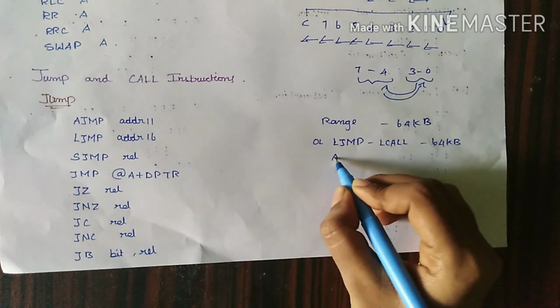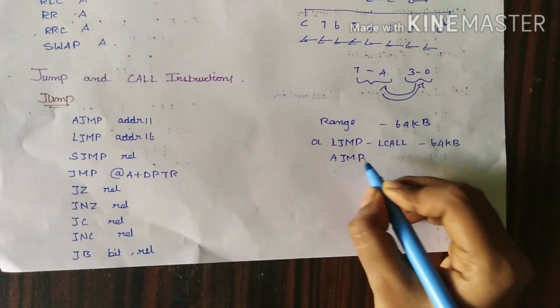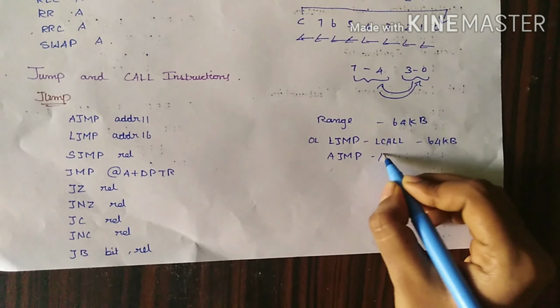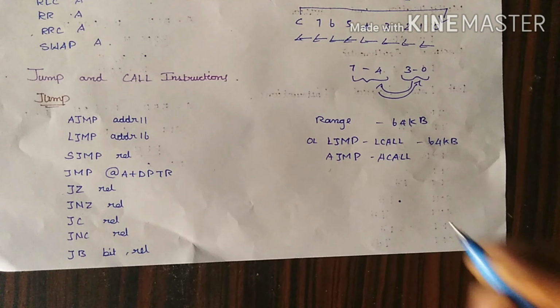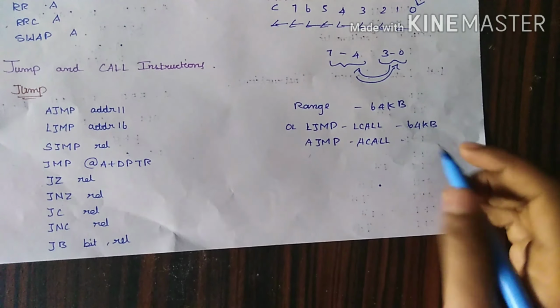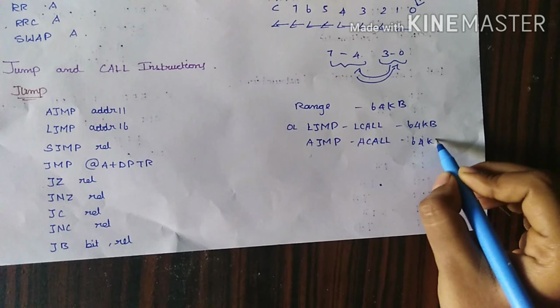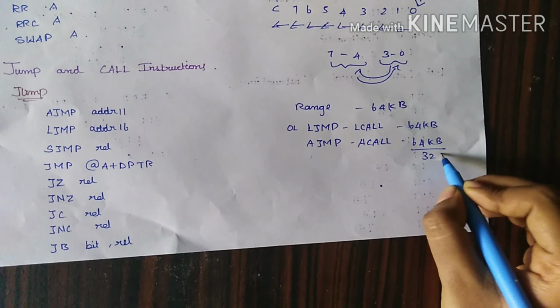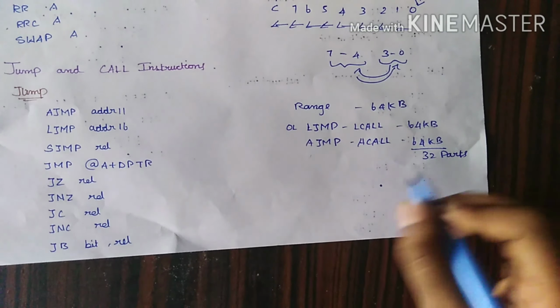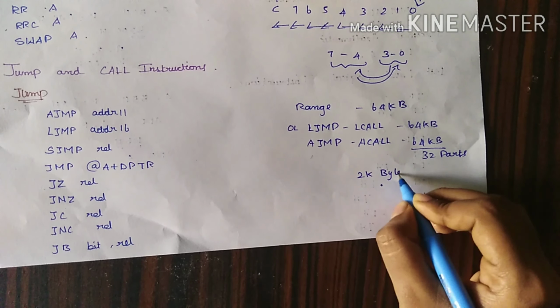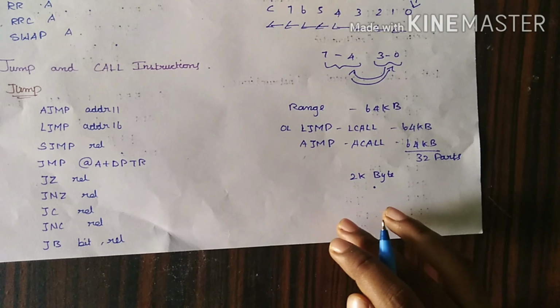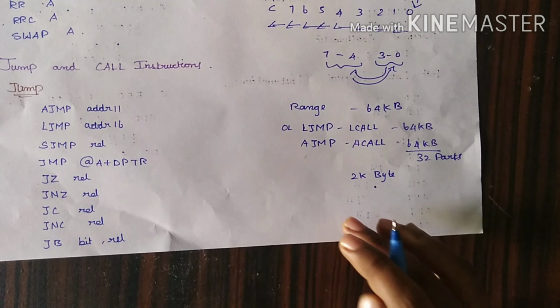And in AJMP, that is absolute jump, and absolute call, ACALL, we can jump within a range only. That is, this 64 kilobytes of memory is divided into 32 parts, each of which is 2 kilobytes. So now we can jump within this limit.